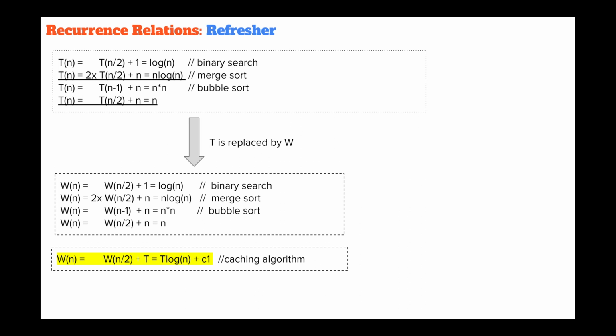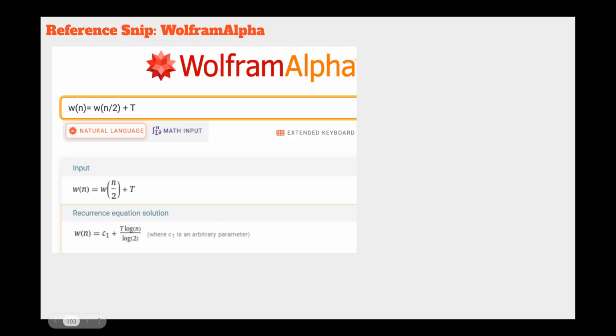So W(n) = W(n/2) + 1 is still log n. In our case, the caching algorithm should give the recurrence W(n) = W(n/2) + T to get our time complexity bound. In the subsequent slide, we'll see how W(n) = W(n/2) + T comes into the picture.